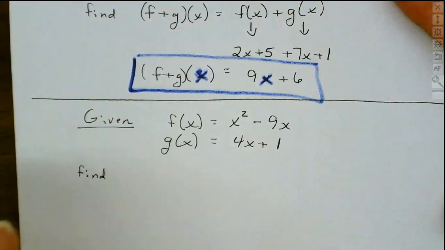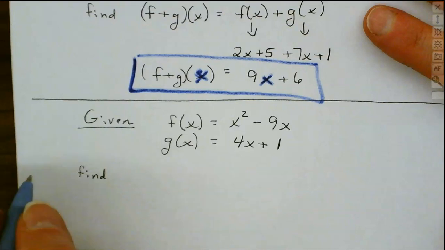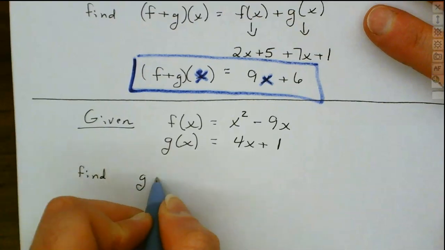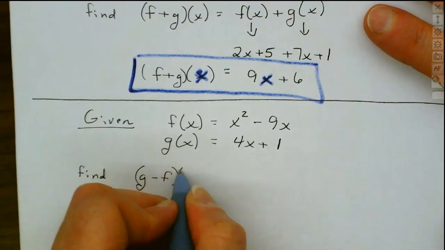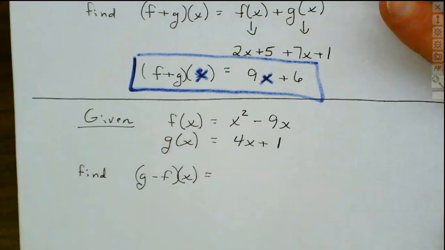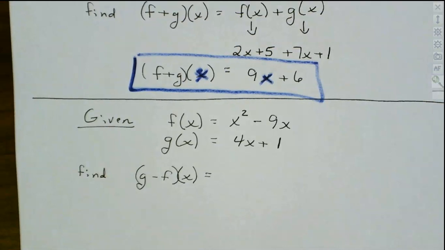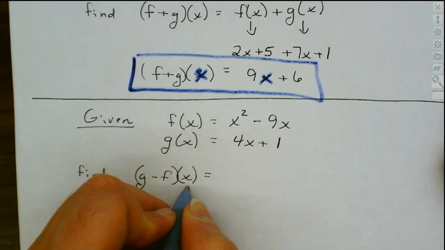And you can even switch the order around. How about I want you to find g minus f of x. So first thing I see, variable inside the parentheses, I better get a variable out. That's just how it works. So since there's a variable here, variables are going to come out.